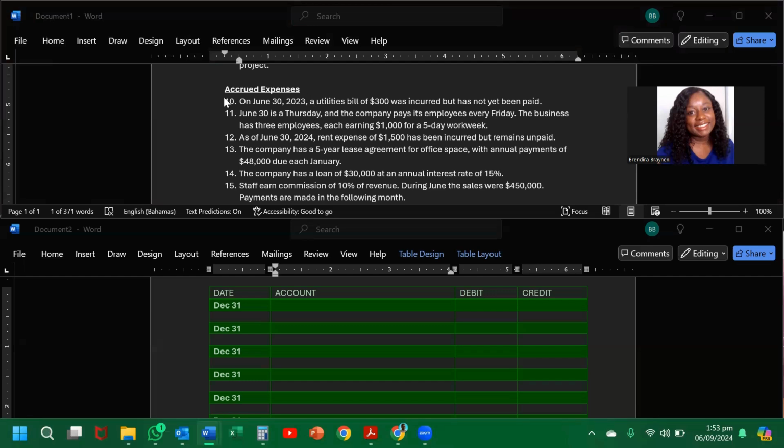These types of transactions, accrued expenses, normally involve a liability account and an expense account. When these things happen, we have to acknowledge that there is now a liability. I do now owe, whether it be a vendor or an employee. And because of that liability, I can also acknowledge the fact that there's a new expense that I incurred as well.